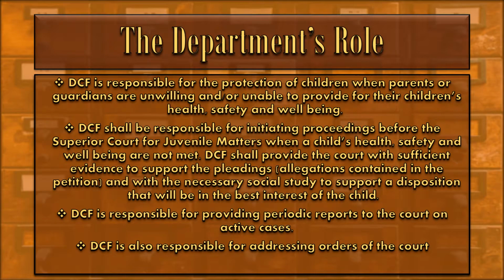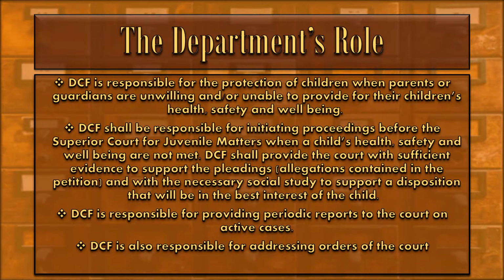The Department of Children and Families has a clear and distinct role in child protection matters. The department is responsible for the protection of children when parents or guardians are unwilling and/or unable to provide for their children's health, safety, and well-being. The department shall be responsible for initiating proceedings before the Superior Court for juvenile matters when a child's health, safety, and well-being are not met.